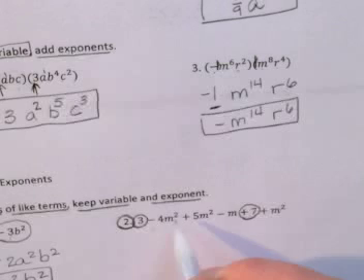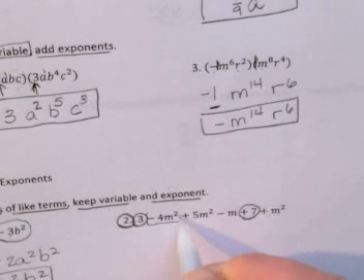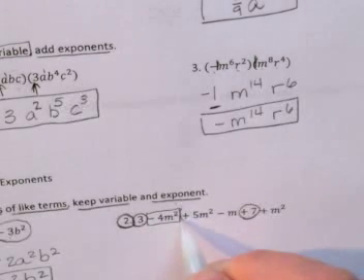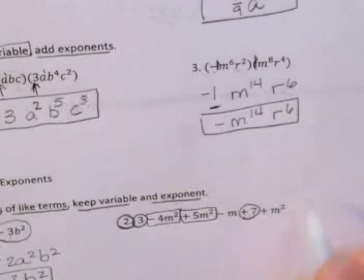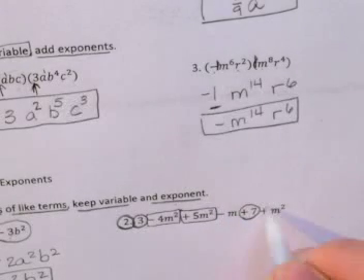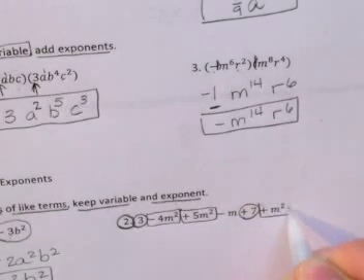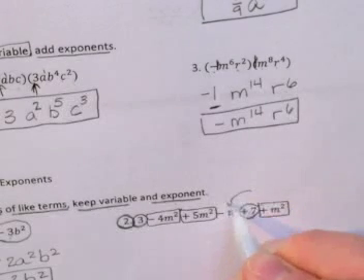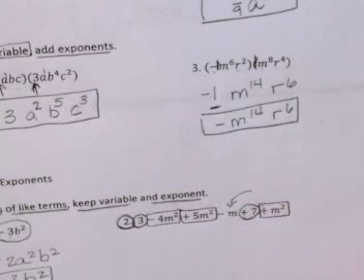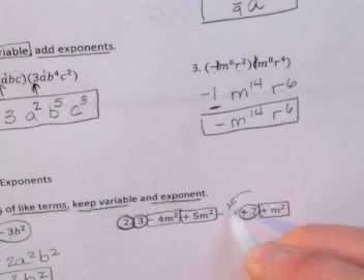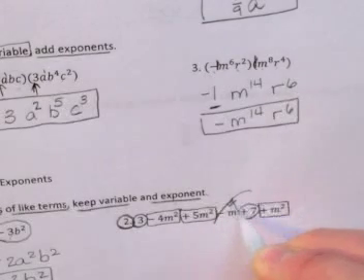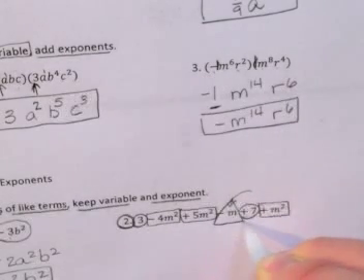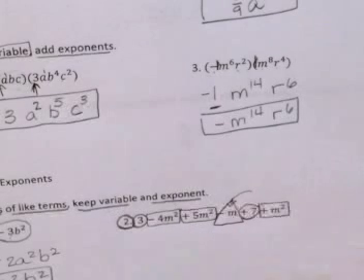I also notice that I have -4m squared plus 5m squared and plus m squared. This term does not have an exponent of 2, so I can't combine it. It's a different term. It's not a like term with these other three.